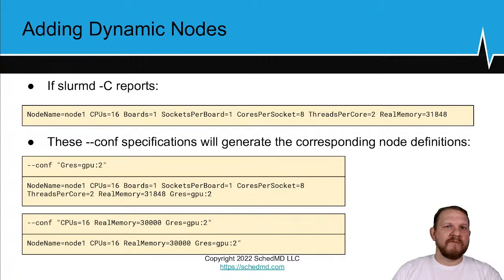So I still have my CPUs, my boards, sockets per board, memory, but it's also going to register with the Gres=gpu:2. If now in the next example I do a --conf and give it CPUs=16 and change the real memory and do a Gres, you'll see there the node will register with what I requested versus what was determined by that slurmd -C.